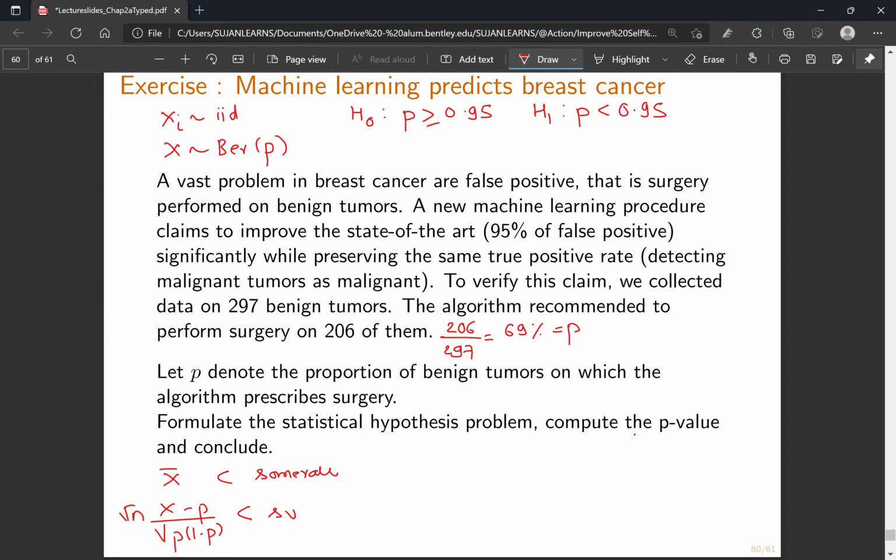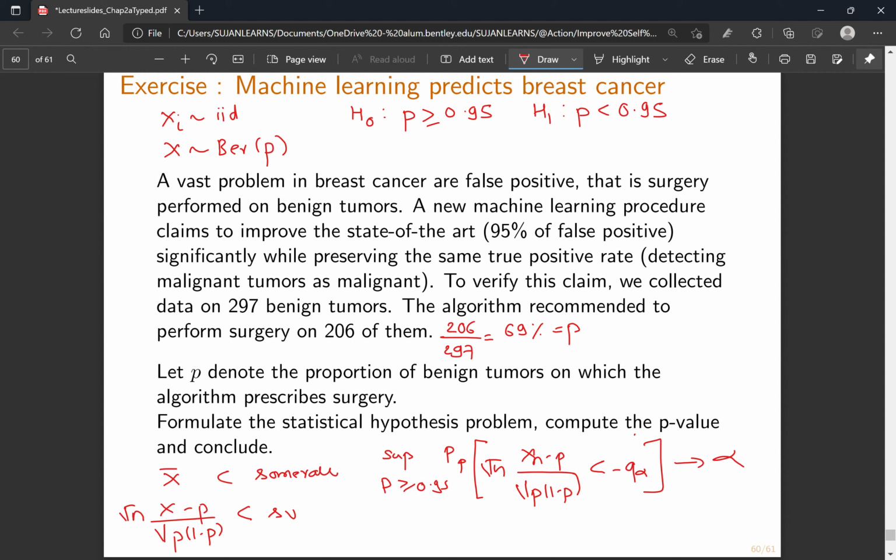That is, for all the p's that is greater than 0.95, the probability of p, that is probability of n, this formula xn minus p over p times 1 minus p should be less than q alpha, and this whole probability should not be more than alpha for our case. And alpha can be 5%, 10%, anything.